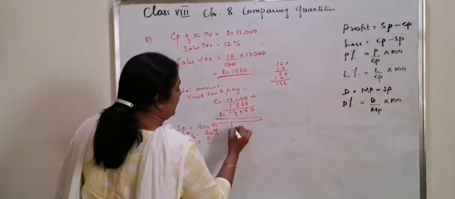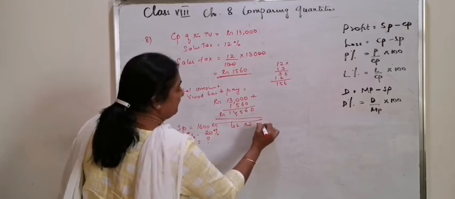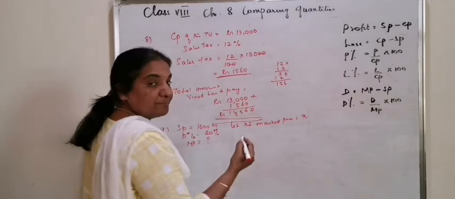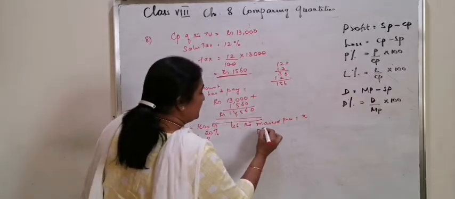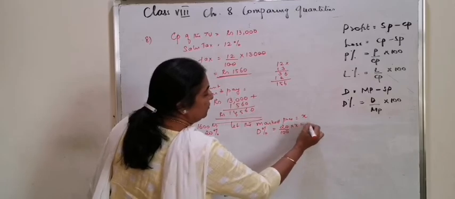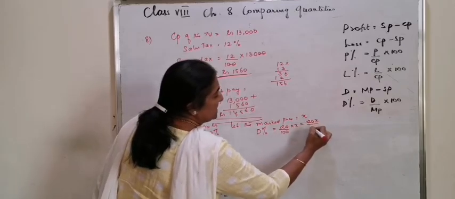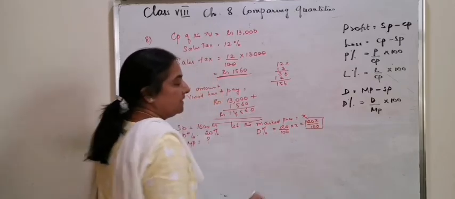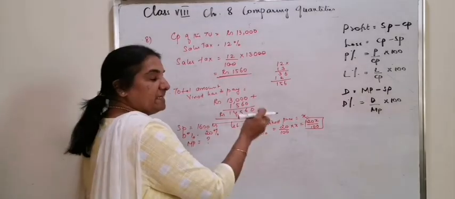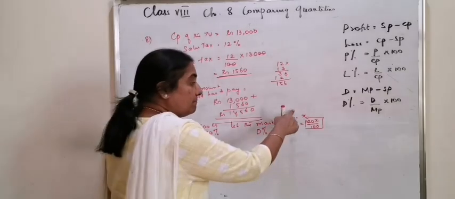Let the marked price be X. Discount percent is 20 by 100 of X, or it is 20X by 100. Now, what is the meaning of the selling price? It's the discount we got on the marked price.